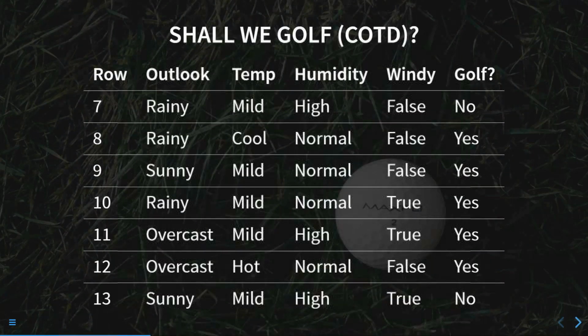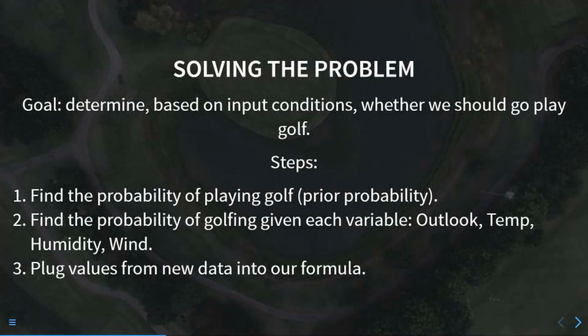So I have 14 total inputs. So 14 different occurrences, different occasions in which I have observed whether my boss has gone golfing. And we want to solve the problem of should we go play golf with the boss because we want to try to get that promotion? There are 3 steps to this process.